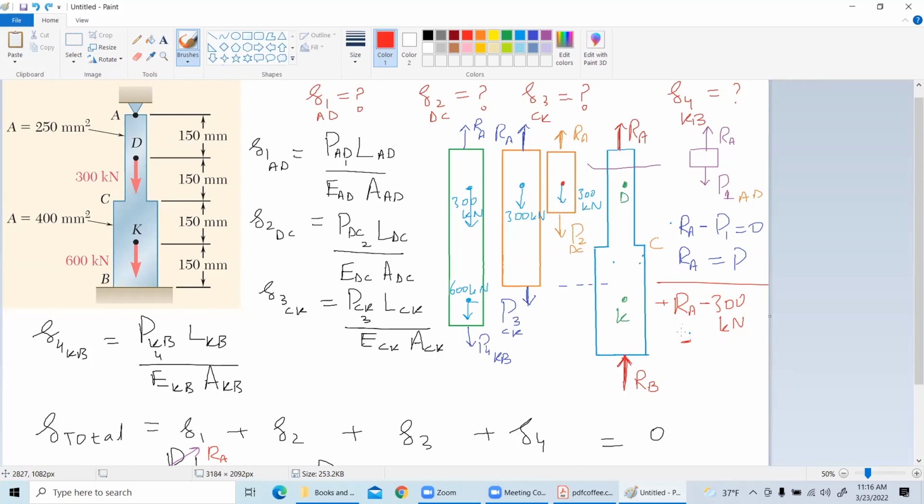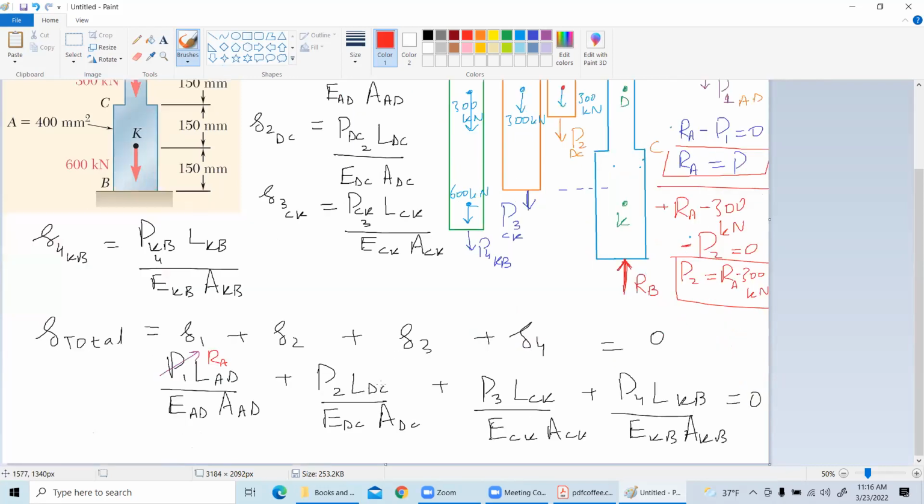Are you following me, everyone? Minus P2 equal to 0. And we have P2 comes out to be RA minus 300 kilonewton. So I will put a box around it, and wherever I see a P2 now, I will put RA minus 300.